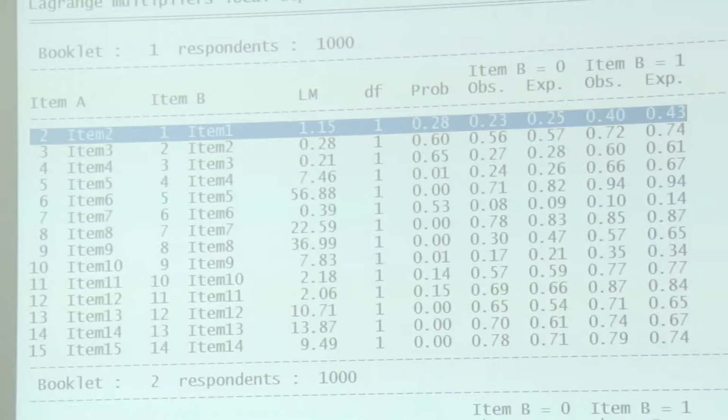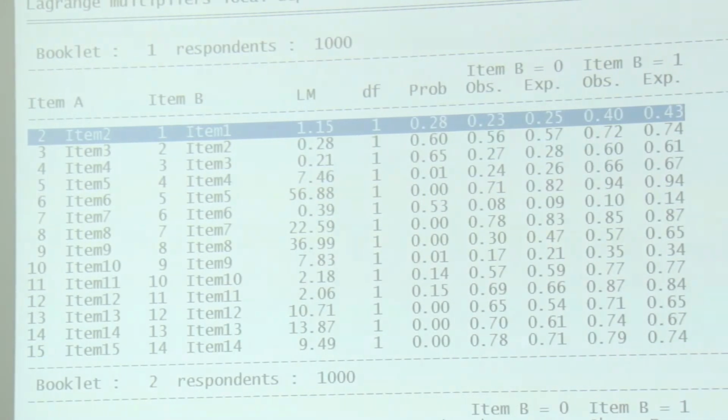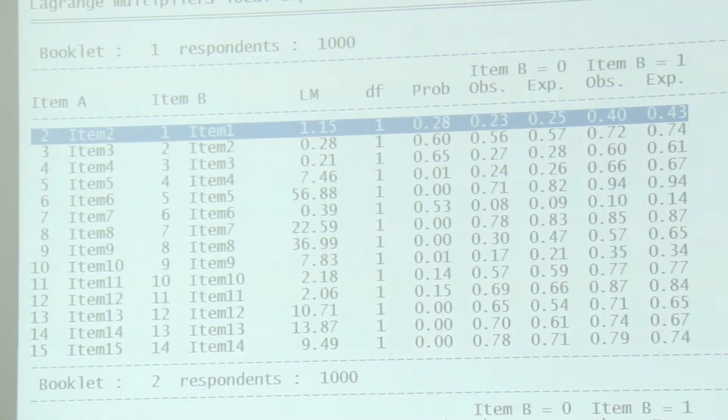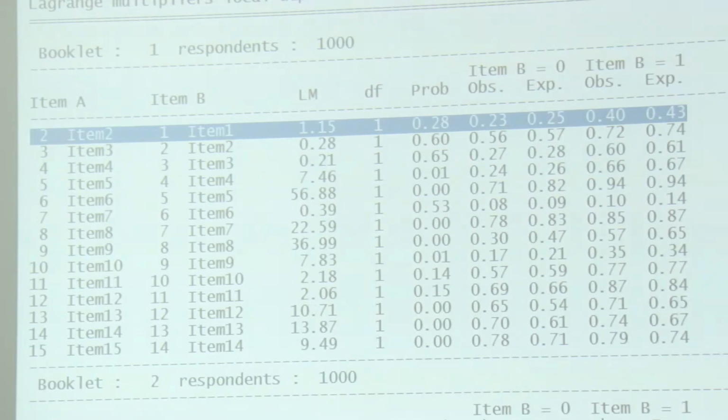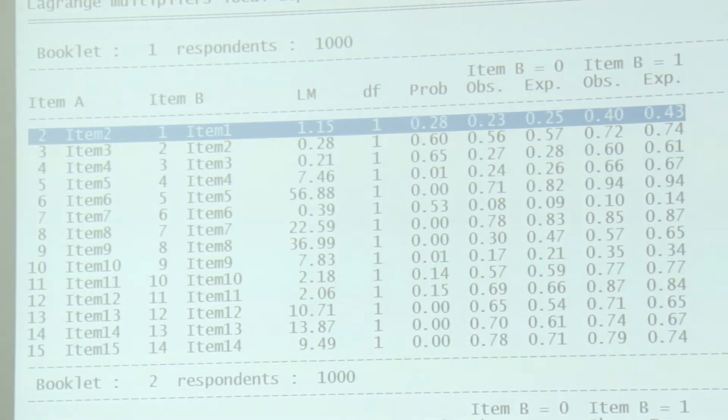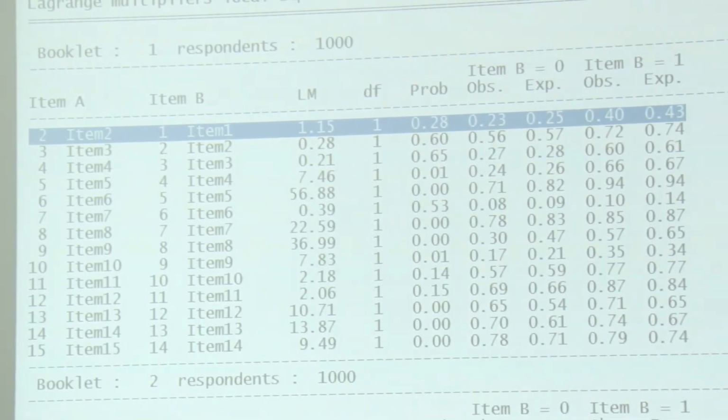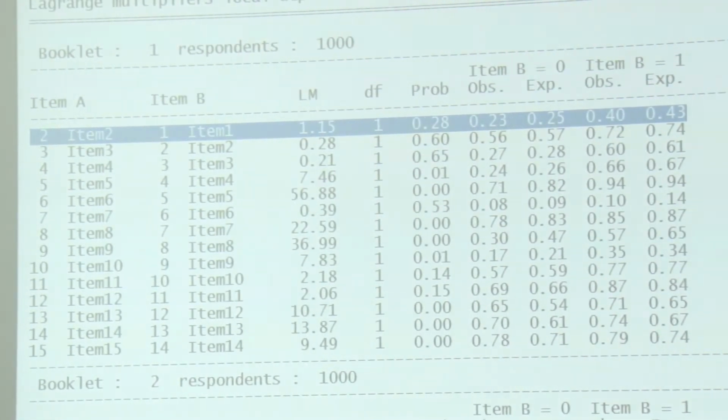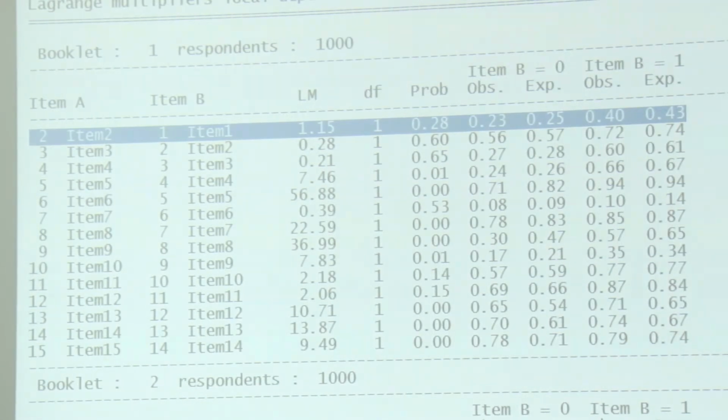Yeah, here it is. So here, for instance, in this table, it tests on previous items. So item 2 is in this blue part, the item targeted, and item 1 is the item predicting the response on item 2. So it's item 1 and item 2 together. And then the columns work like that. You see item B is 0, item B is 1. So that has to do with the response on item 1. The response could be a 0 or the response could be a 1.